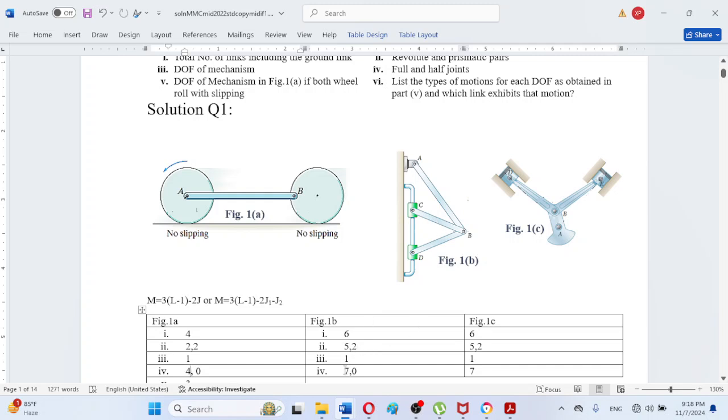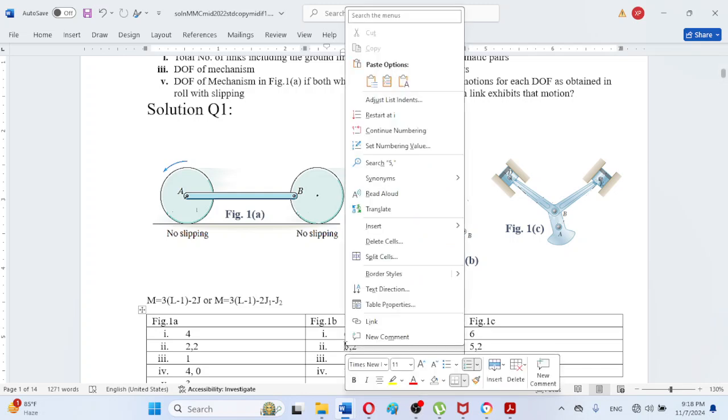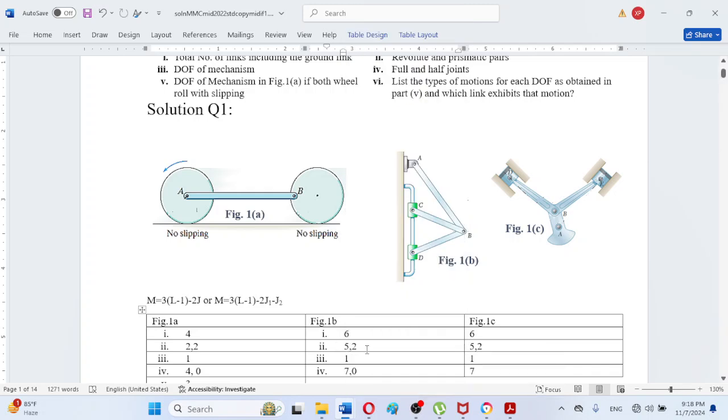So there are a total of 7 full joints, because the prismatic pairs and the revolute pairs are each full joints. But as there is no roll-slide or point or line contact, there is no half joint, so 0 half joints.